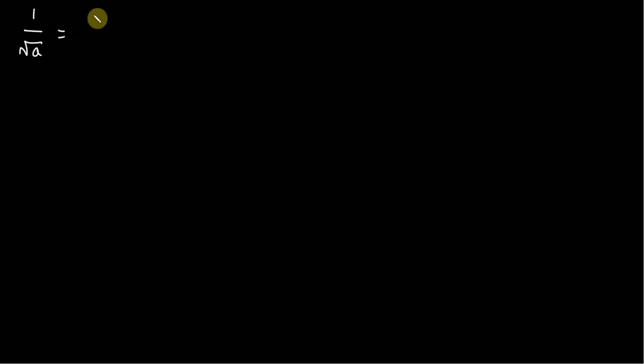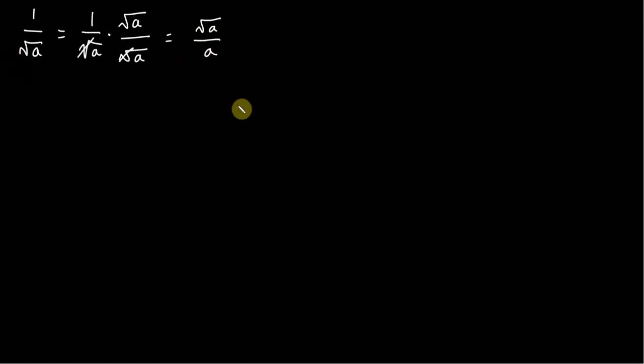So in other words, we had 1 over root a, we're going to multiply that by root a over root a, okay, and then basically these cancel out, and so what you end up with is root a over a.